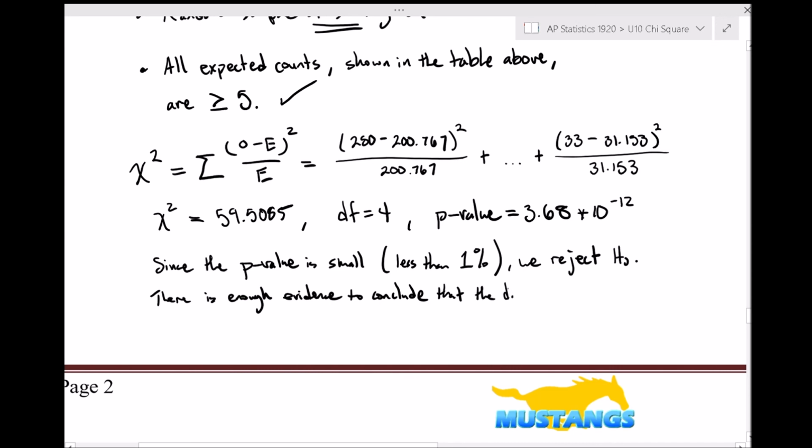that the distribution of hybrid car sales for these 5 states differs from the population distribution.